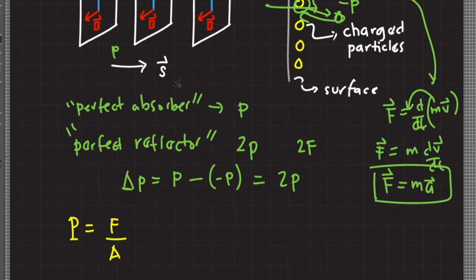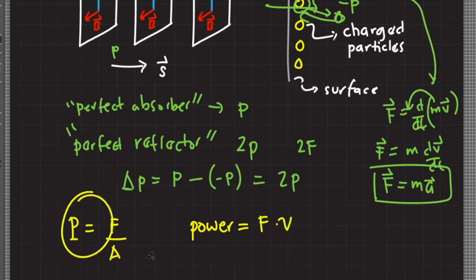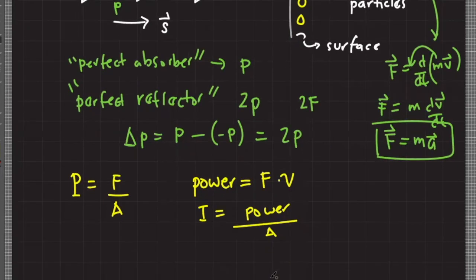From your mechanics class, we have another expression for power. Since I used P for pressure, let me just write the word power is equal to force times velocity. To write this pressure in terms of intensity, the general definition of intensity is power over area. It's a measure of the power delivered through a certain surface area.